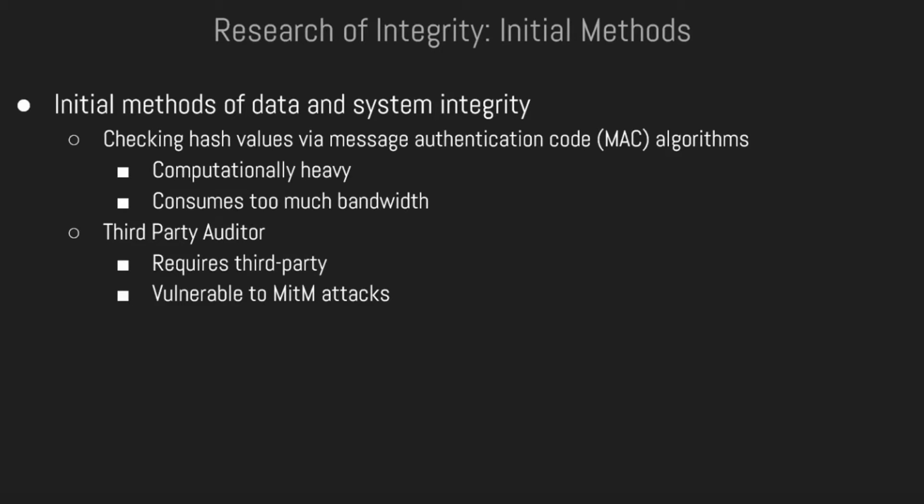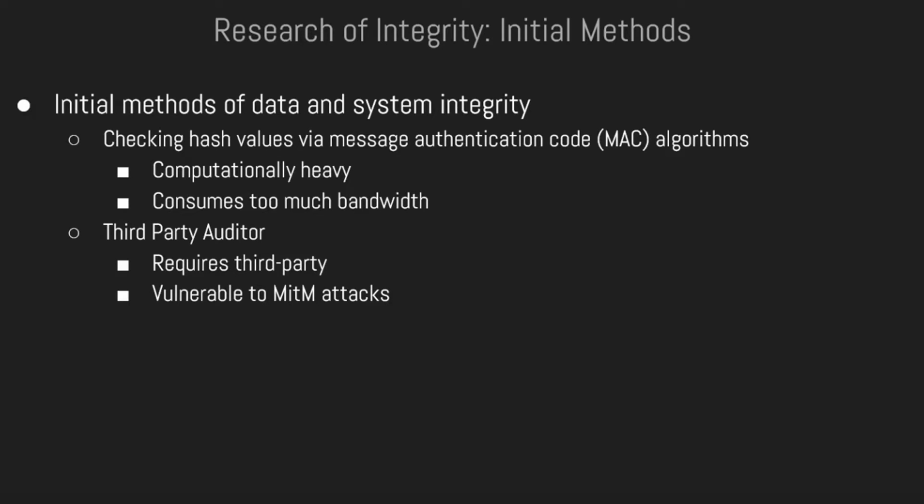So initial methods for integrity, or what we currently use, include checking hash values via message authentication code algorithms, aka a MAC. However, these implementations can be computationally heavy and they consume a lot of bandwidth when there's a lot of transactions on the system. Another solution for integrity is using a third-party auditor to confirm file integrity.